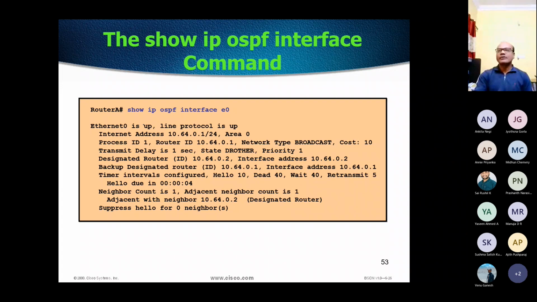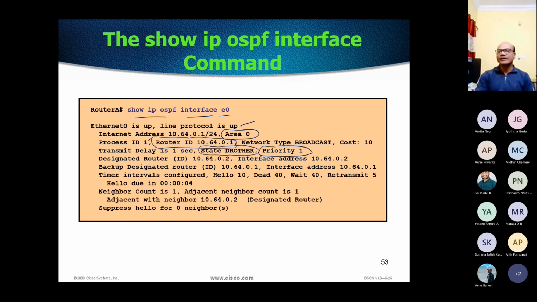Or else, if you want to see more details, show ip ospf interface. It will show you the interface is up with the area 0 configured. The priority is 1, and the state is DR other, meaning this is not your designated router. Our router process is 1, and this is your router ID.